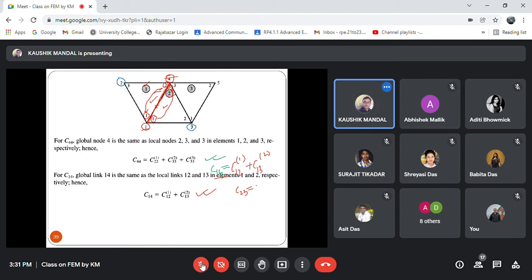So the C of 2, 3 will be 0. Similarly, the corresponding C32 will also be 0. Clear? Yes, sir.